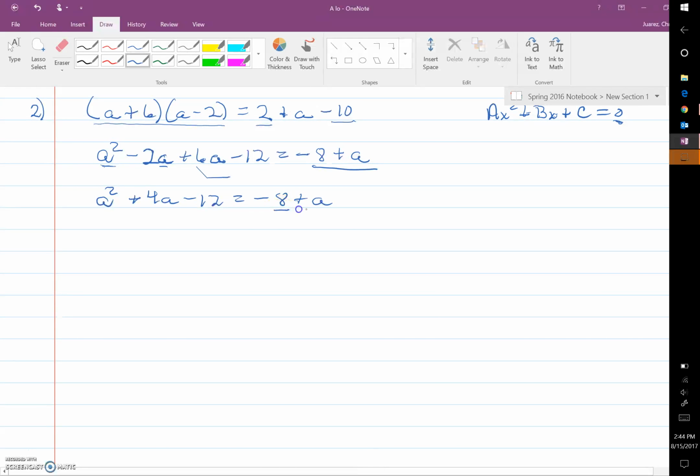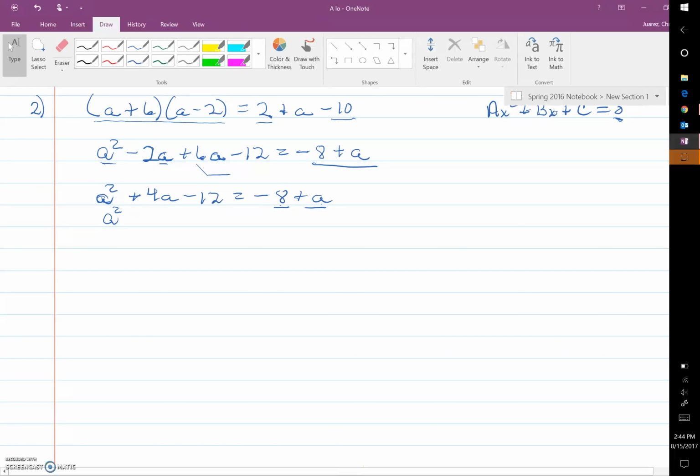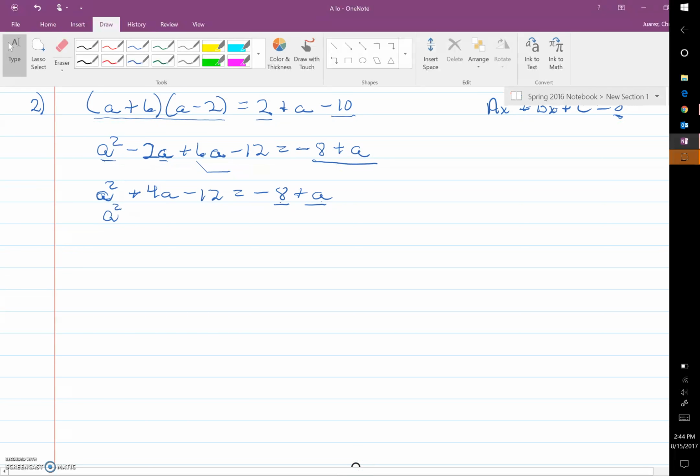Now I am going to go ahead and add the 8 and subtract the a to get everything on the left side, only because, again, this a squared is positive over here. So a squared, and I like to keep everything positive whenever possible. So when I subtract a from 4a, I get 3a. And when I add 8 to negative 12, I get negative 4.